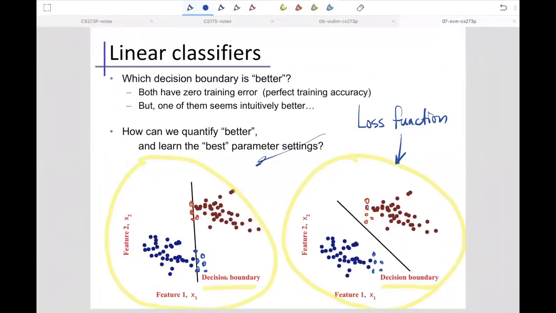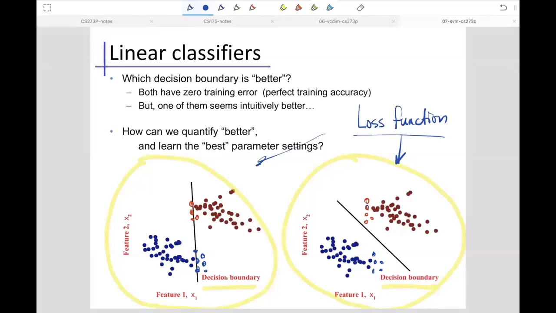In fact, you can show that this type of solution will have a lower cross entropy than the solution on the left side. So if you use the cross entropy, we'll prefer this type of model. That's good, right? This type of loss function provides you a solution, but it didn't directly address this question.